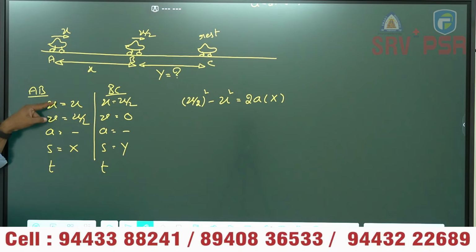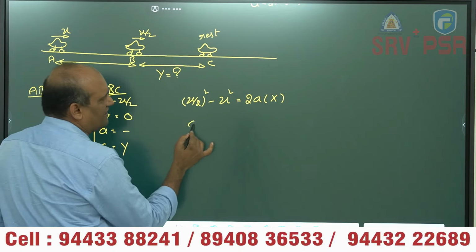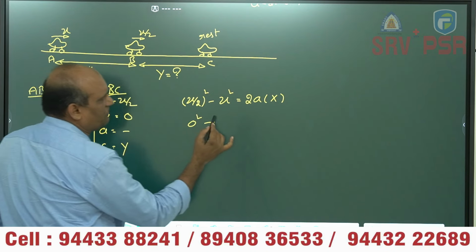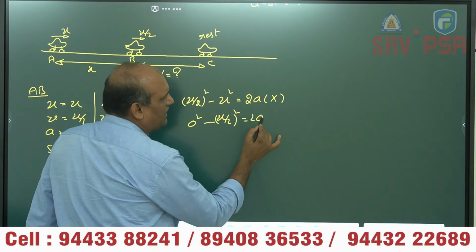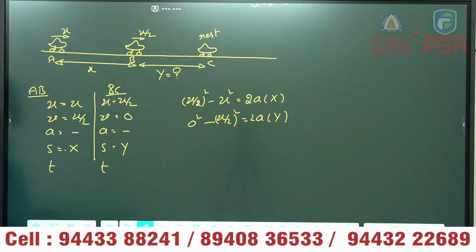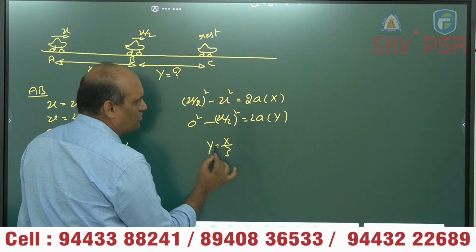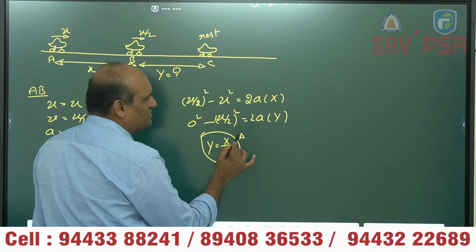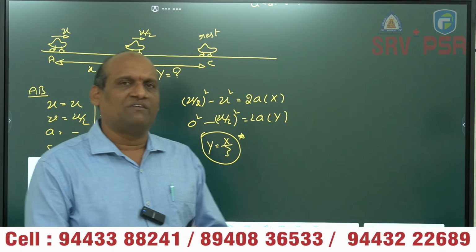And here V square minus U square is equal to A times Y, because acceleration is same. If I simplify these two, I will get Y equal to X by 3. Most important result. This question, and basing on this question you can extend different things.